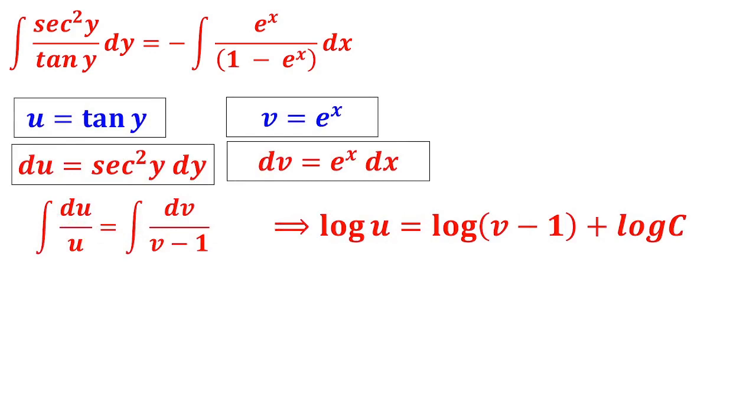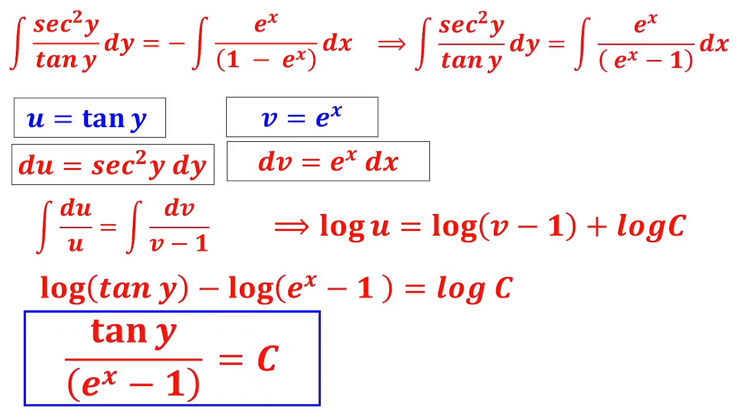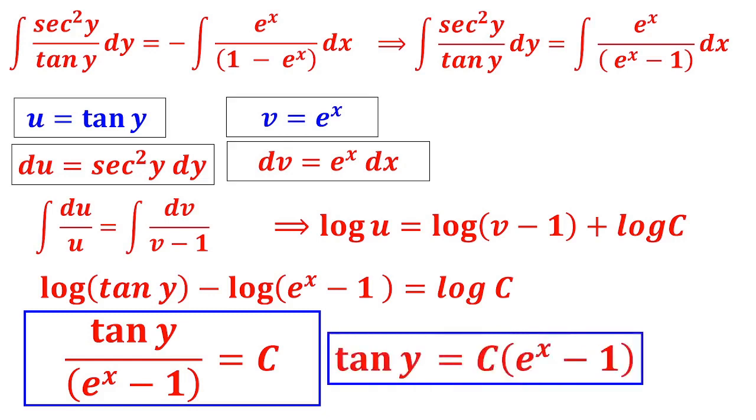Here you see I have replaced minus of e power x by 1 minus e power x as e power x by e power x minus 1. Minus has been adjusted. Well, now you can go for it. It is very simple. Tan y is equal to c into e power x minus 1. Now, I already told you that the integral of minus of e power x by 1 minus e power x is adjusted as the integral of e power x by e power x minus 1.